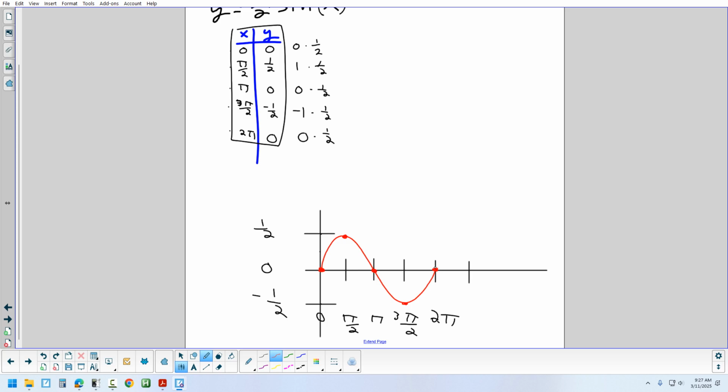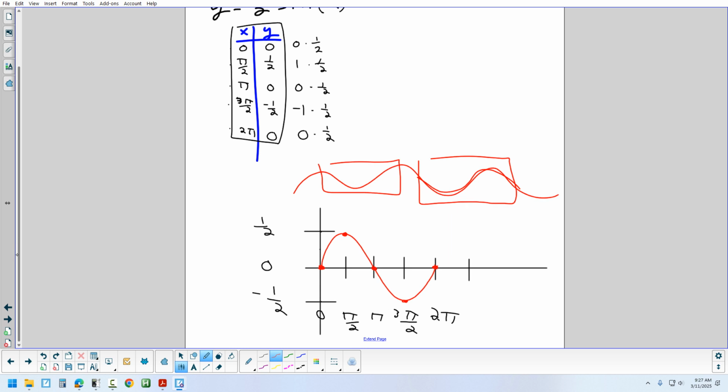But you're drawing the same thing. Remember, it's just the section. You're drawing that. That's generally how the cosine one looks. Or you're drawing something more, like that. That's kind of how the sine one looks. All right. Any questions on that?